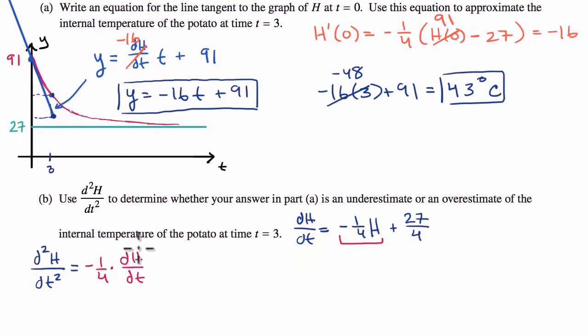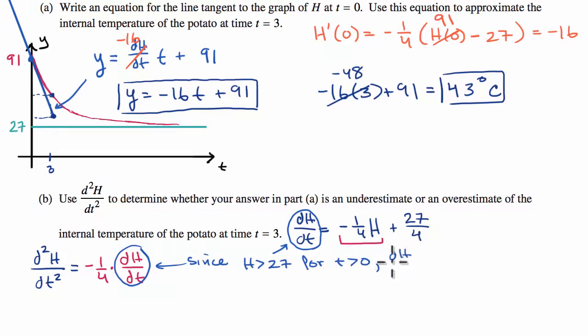So we could write that this is going to be negative. Let me write it this way. Since h is greater than 27, for t is greater than 0, we know that dh dt is negative.